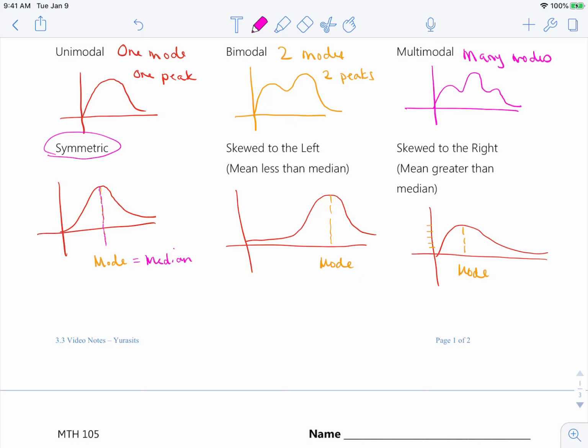Whereas if I go over here, skewed to the left, I have to cut this data in half, saying half the data is below it, half the data is above it. I'm completely eyeballing this, but this looks pretty accurate. This would be my median here. Whereas on this one, it'd be somewhere around there.